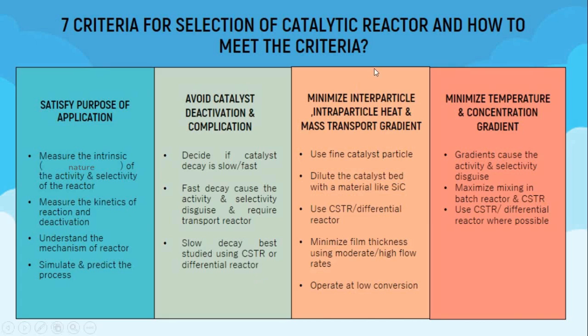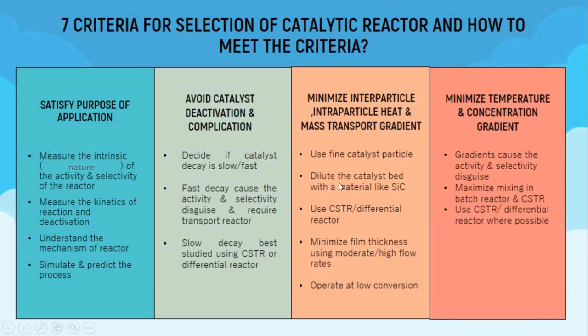The third criteria is minimize interparticle and intraparticle heat and mass transport gradients. Interparticle is the porosity between the particles, and intraparticle is the porosity within the individual particle. Since the heat from the catalyst and reactant can affect the result, we should use fine catalyst particles.